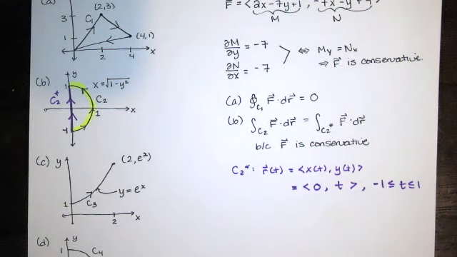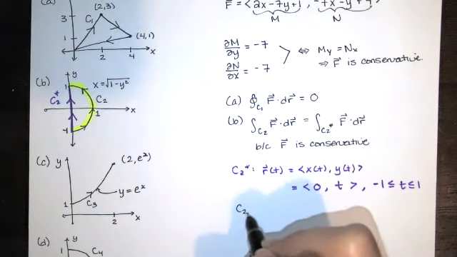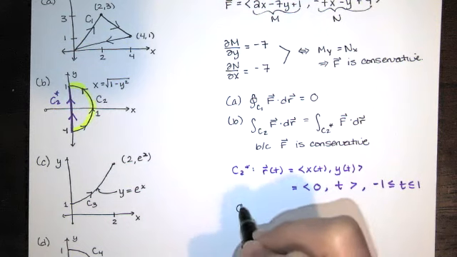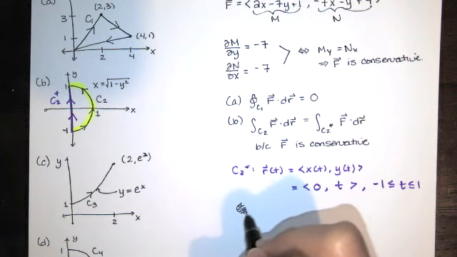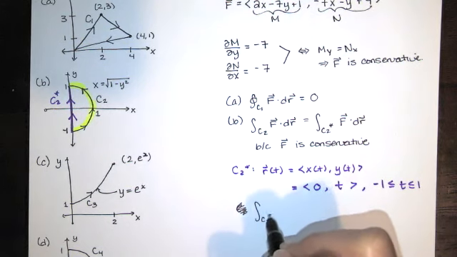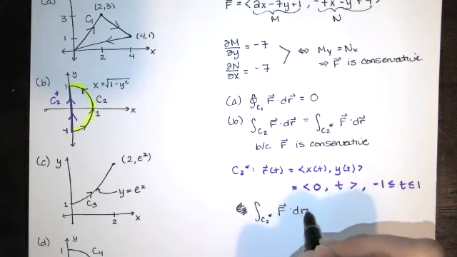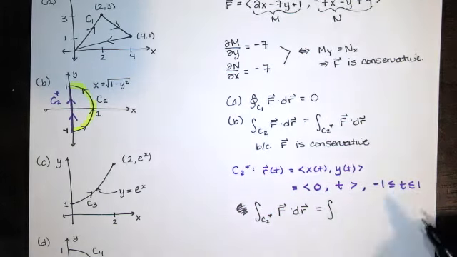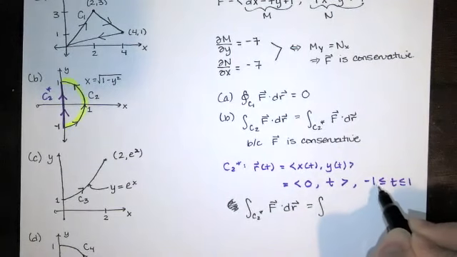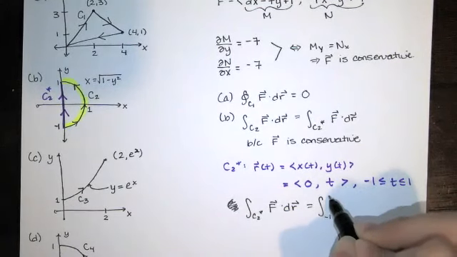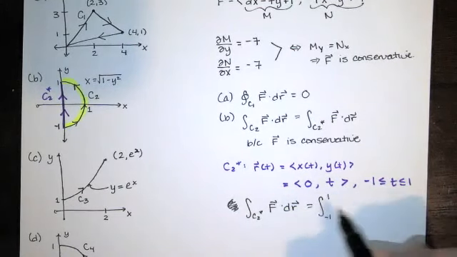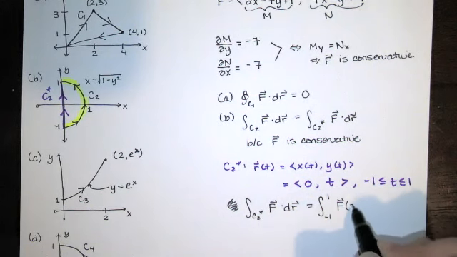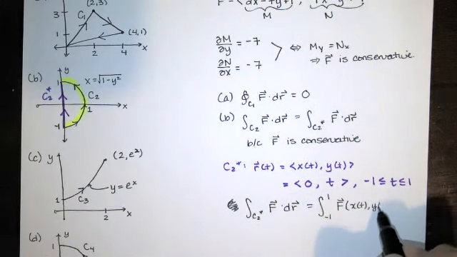And that means our line integral can be evaluated in this way. It's the integral from a to b, starting at t equals -1, ending at t equals 1, of our field written in terms of x of t and y of t.